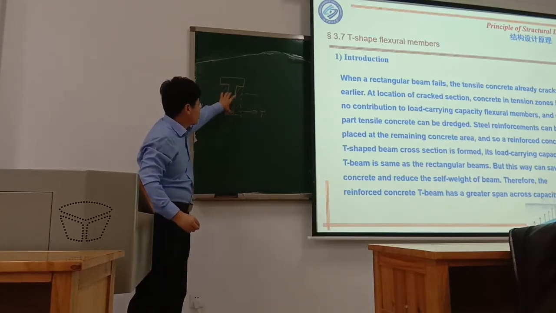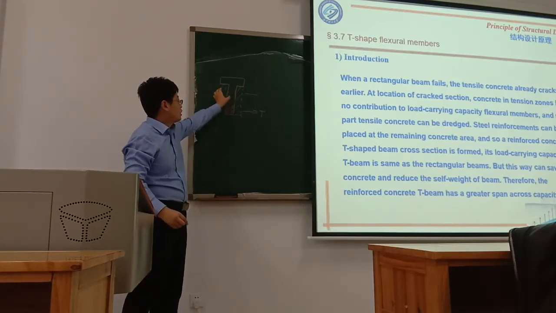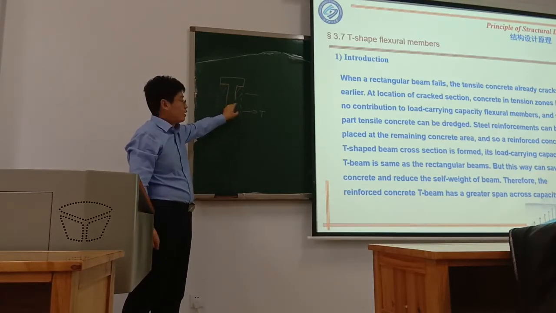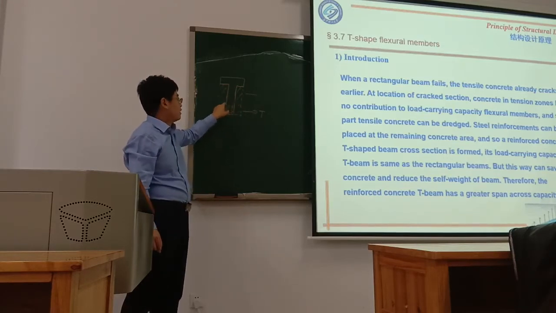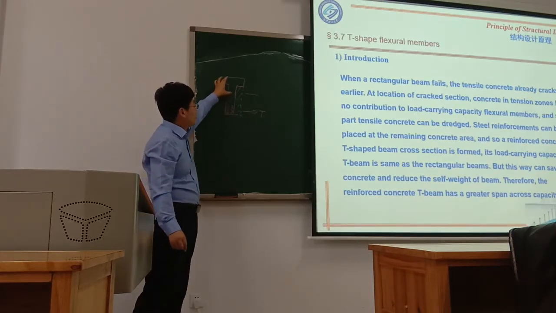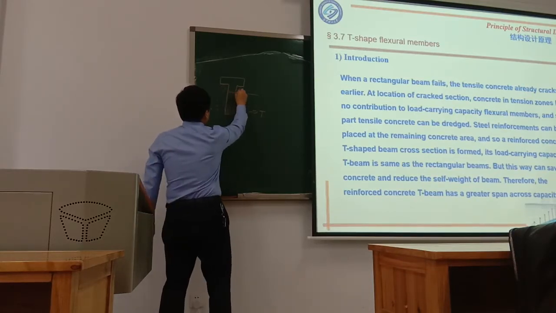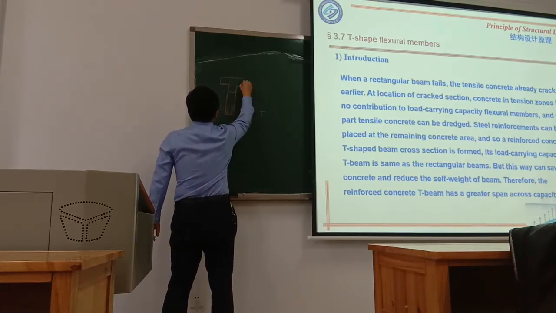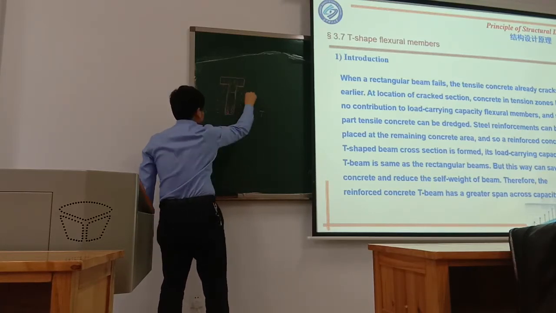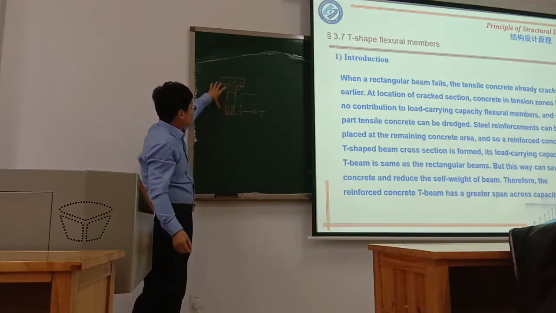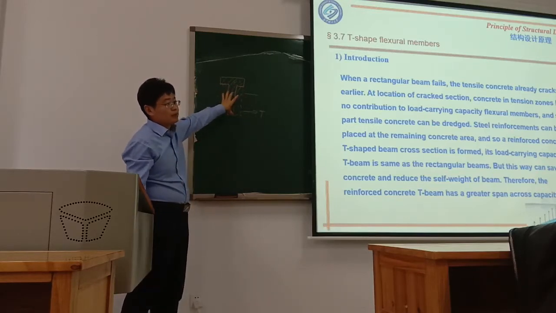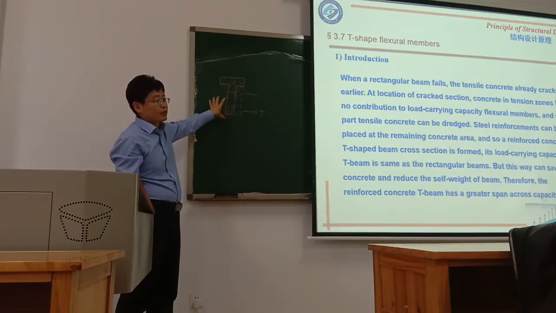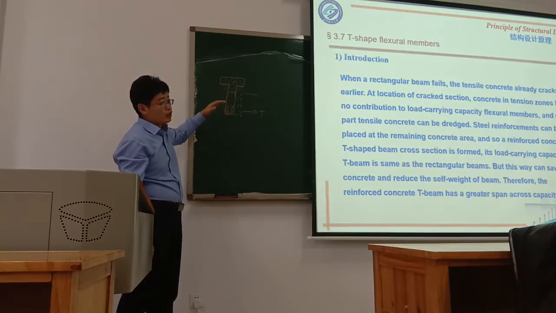So the rib of this T beam, the main function is just to place the reinforcement. And the upper part, of course, is to resist the compressing force. So from the rectangular shape to the T shape, the resistance or the load carrying capacity actually has no change.